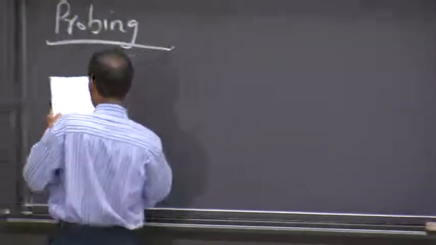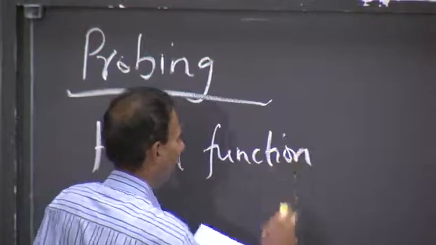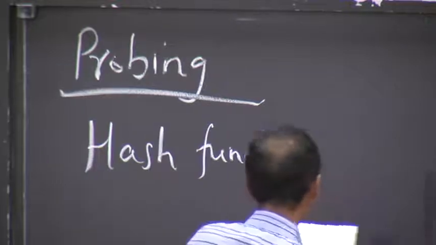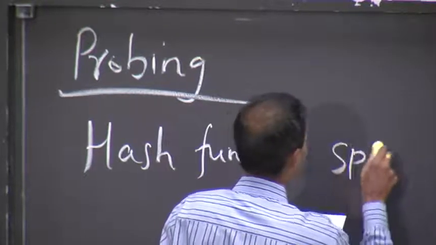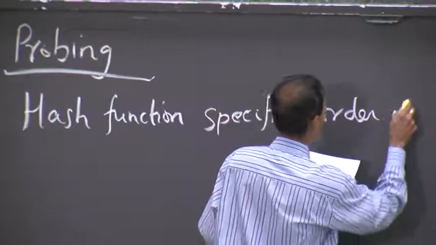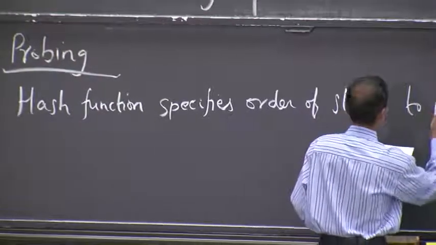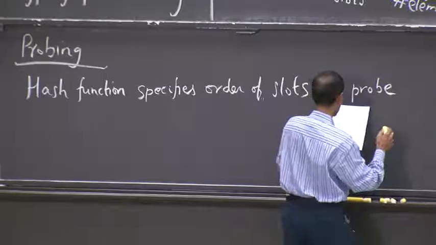The key should index into it. So you do have different hashes that are going to be computed based on this probing notion for a given key. All right? And so what we need now is a hash function that's different from the standard hash functions that we talked about so far, which specifies the order of slots to probe, which is basically to try for a key.